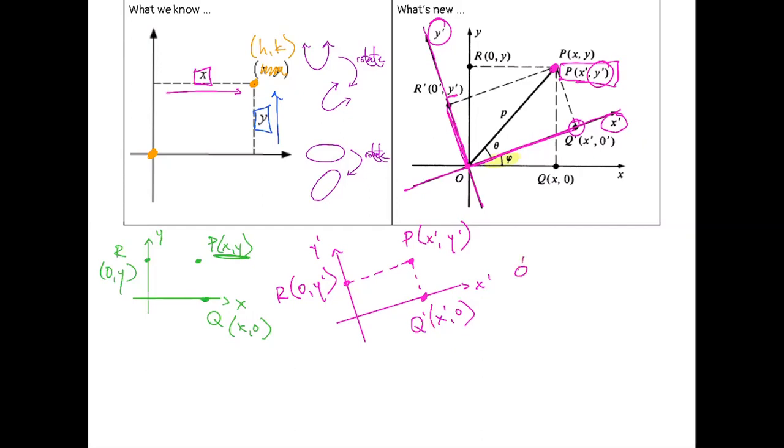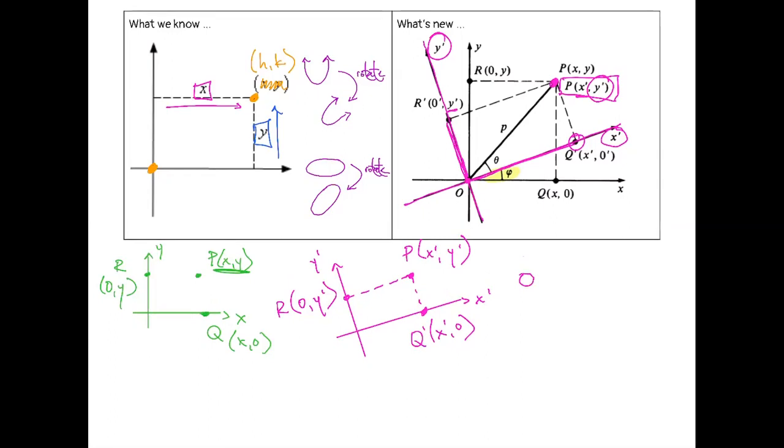So phi, let me actually tell you how to write that again. It's like a little O, and then you put a diagonal line across, all right? So phi is our angle of rotation. So phi tells us how far we rotate the green one to get to the pink one.